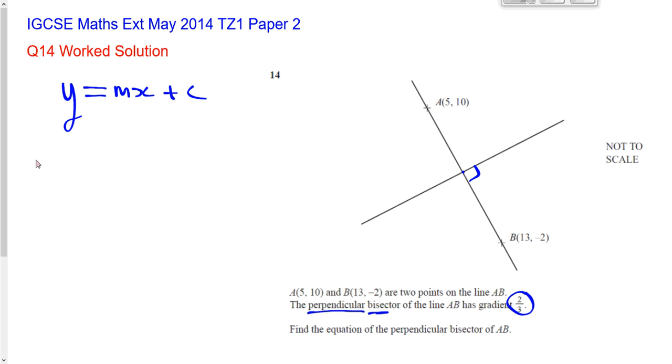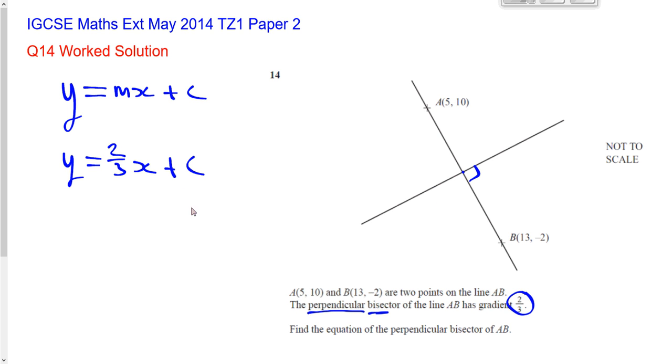We already know that y is equal to 2 over 3 x plus c. So all we need to know now is what the c part, or the y-intercept, is of our perpendicular bisector, this line over here.